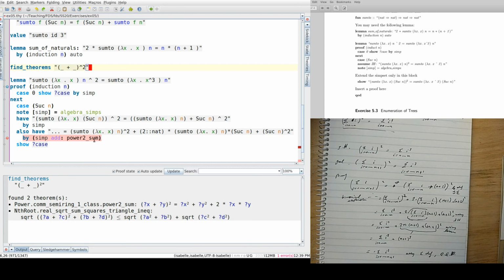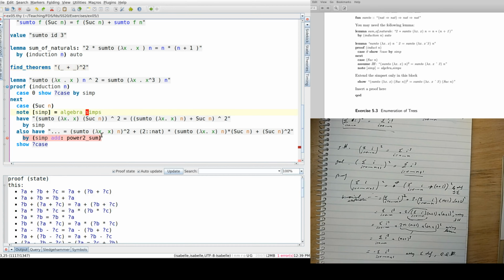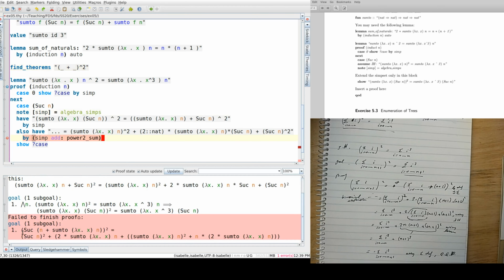Before the simplifier rewrote with that theorem, power to sum, it rewrote with something else in the set of algebra simps, which I don't really know, but I guess that changed the left hand side into that thing.